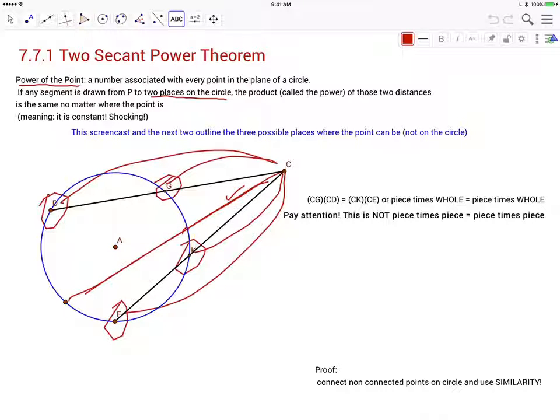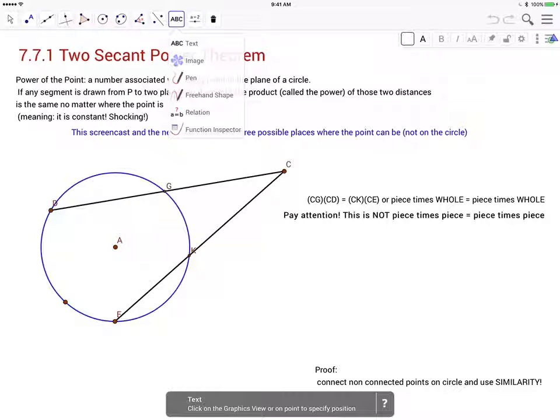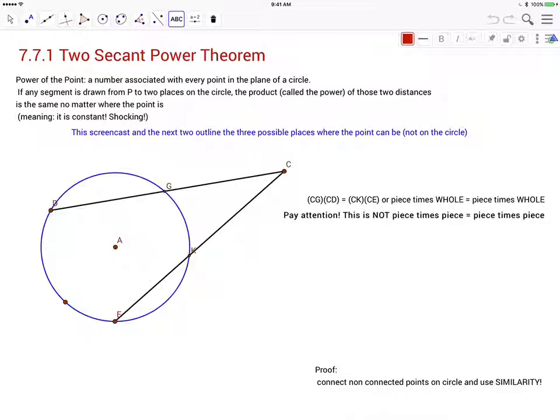Let's see if I can erase some of this junk so that we can do some work here. Okay, so the proof of this, again, just like you would expect, we have a result that has a product, and the tool to get there probably is ratios, and that means similarity.